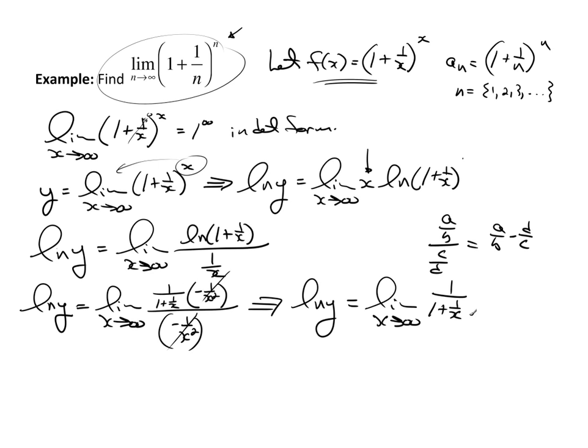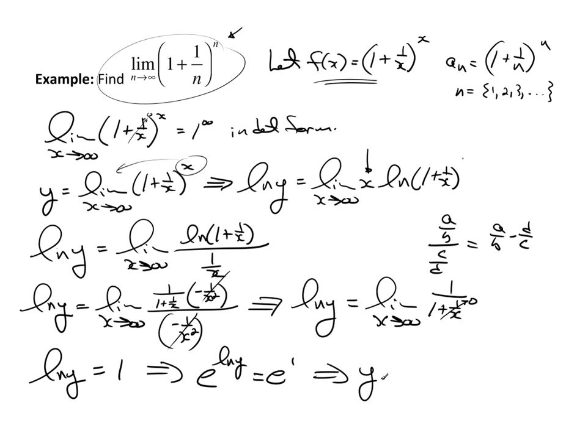Now we're okay. We can go ahead and let x go to infinity, because as we do, this will go to 0, and what I get is ln y is equal to 1. Well, that would imply that e to the ln y equals e to the first. Well, e to ln y is just y. That implies y equals e. But remember, y was our original limit.